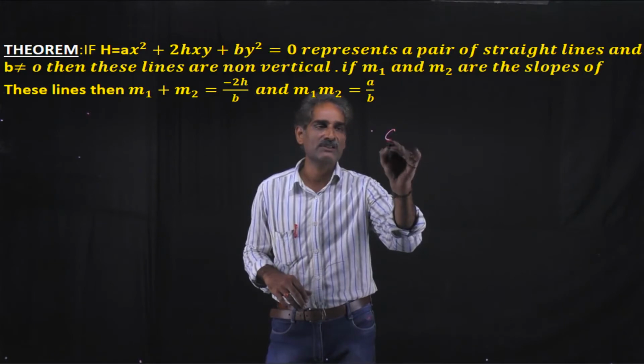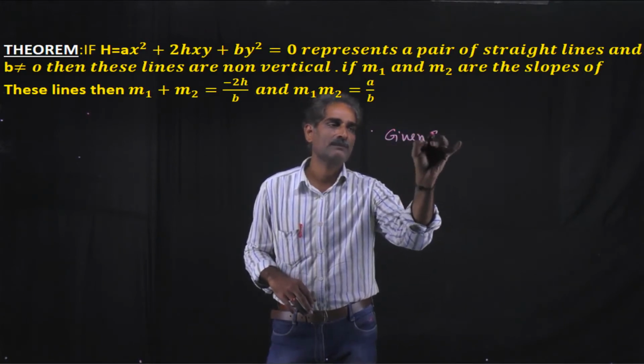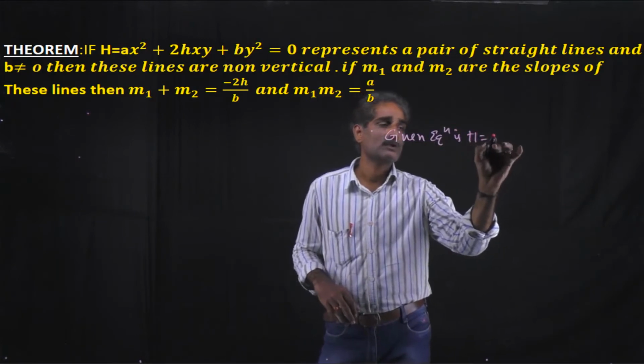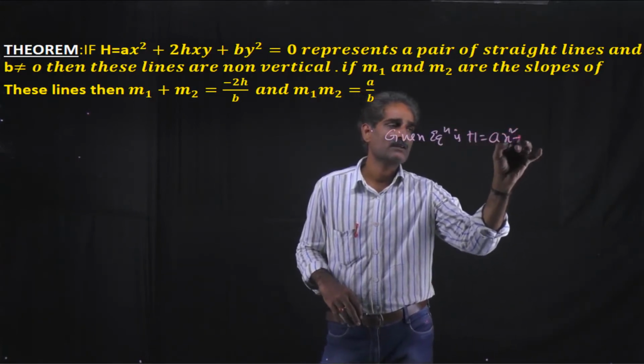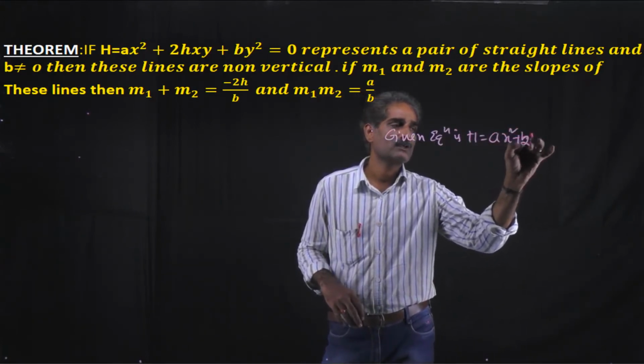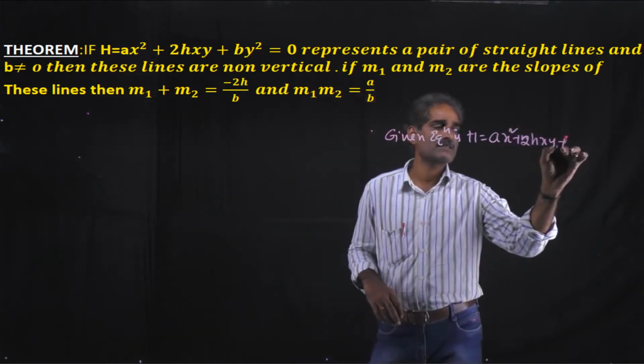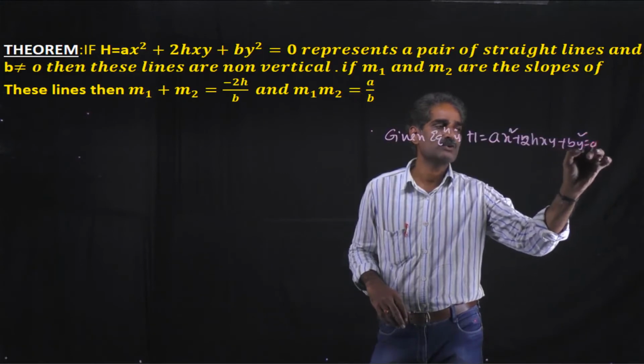The given equation is ax square plus 2hxy plus by square equals 0. That is 1.